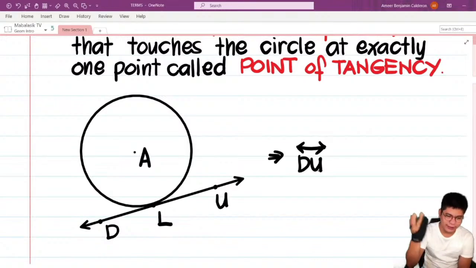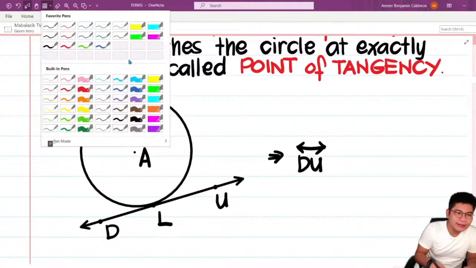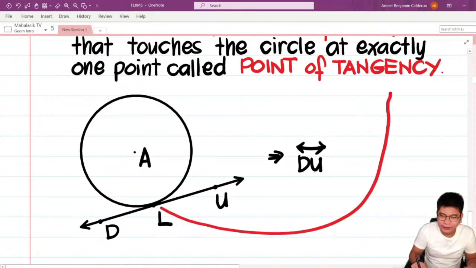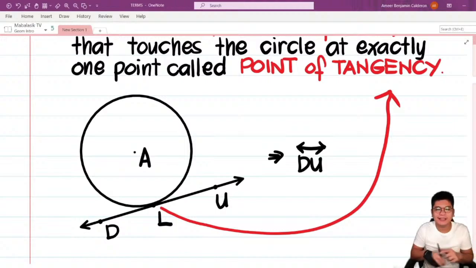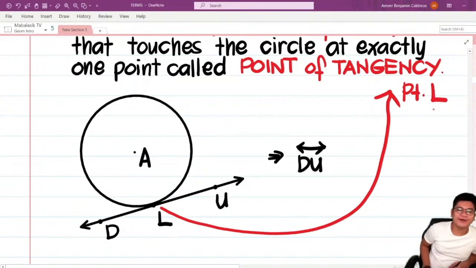So, mas maganda kung DU natin siya in-name. So that's line DU. This is our tangent and this is our point of tangency. The point of tangency is point L. That is our point of tangency.